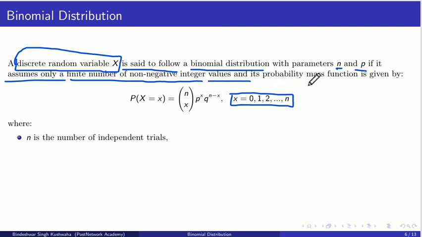And its probability mass function, because that is a discrete probability distribution, so we will use the term probability mass function. So P(x) is equal to nCx p^x q^(n minus x), where q is 1 minus p.